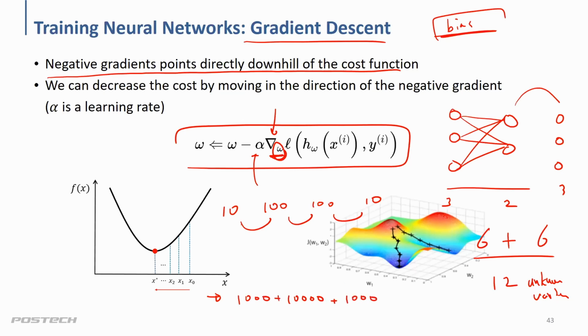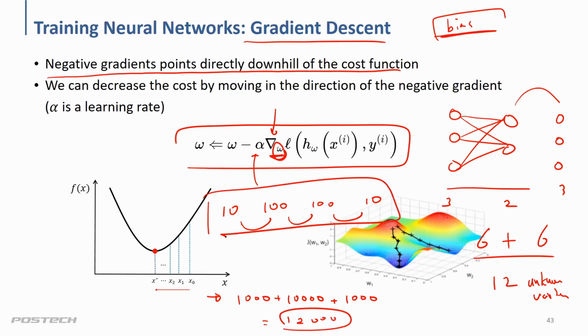That's, even for these simpler models, the number of unknown variables that we need to find. We need to figure it out using gradient descent. That's a lot. This is an extremely small network.